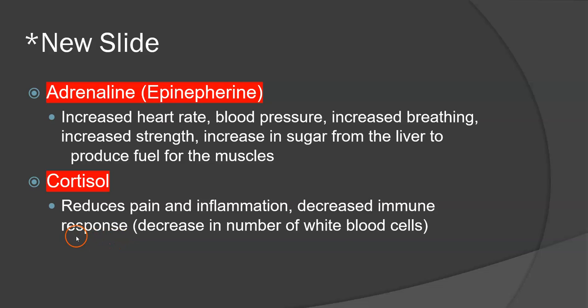If this fight or flight is kicking in and staying on, if we're caught up in that resistance phase for a longer period of time, our immune response is going to be decreased. Cortisol actually kills white blood cells, and white blood cells fight infection.